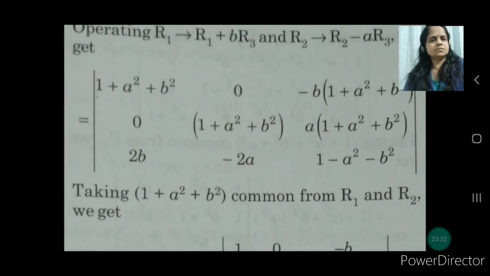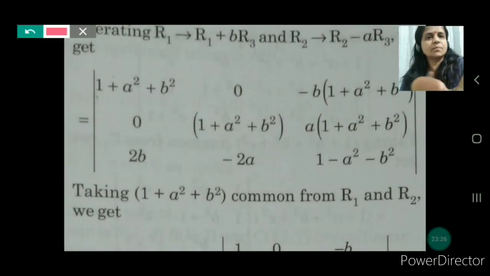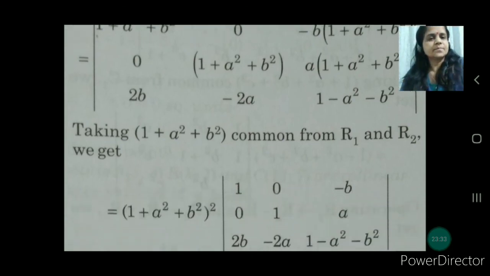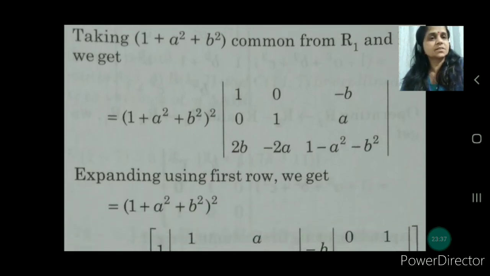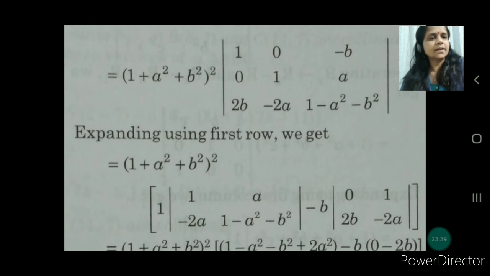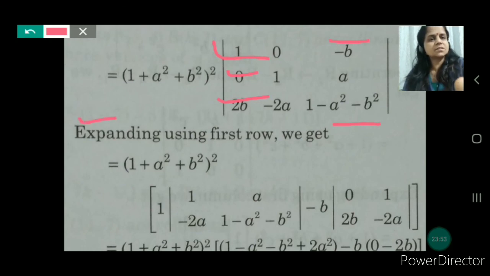Now see, 1 plus a square plus b square is common from r1 and r2, so you will get 1 plus a square plus b square, whole square, since it is common. And now the remaining elements are 1, 0, minus b; 0, 1, a; 2b, minus 2a, 1 minus a square minus b square. Now expanding using the first row.